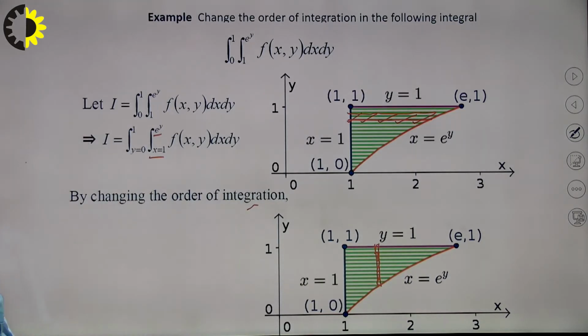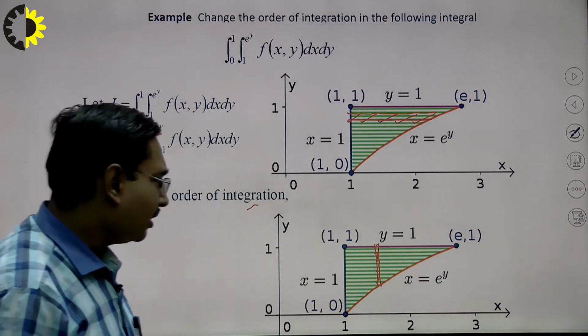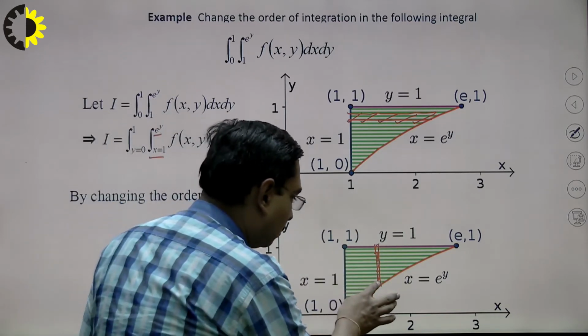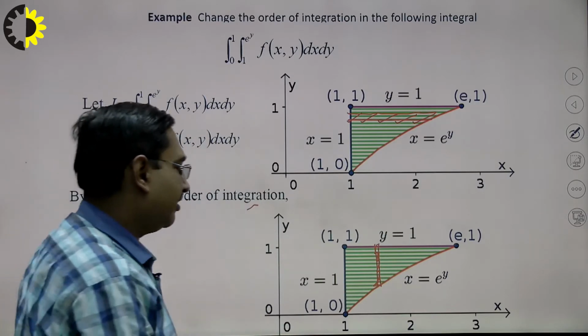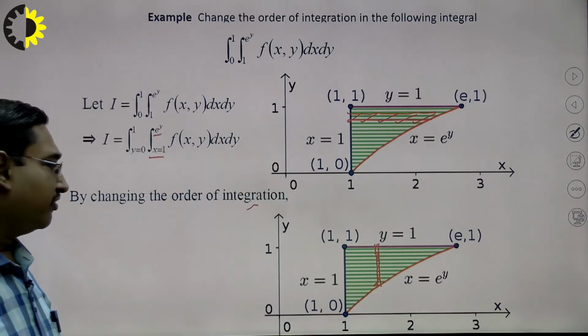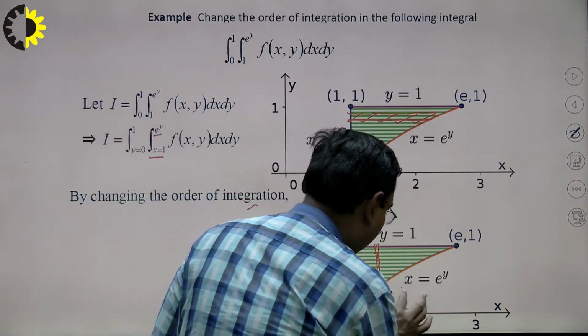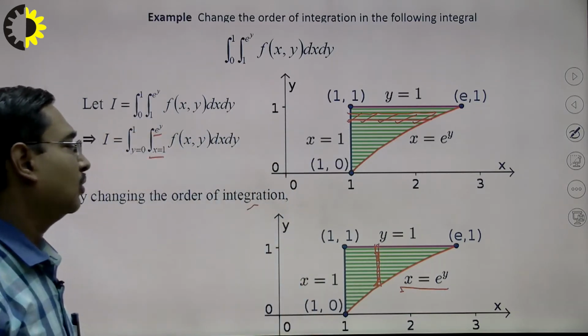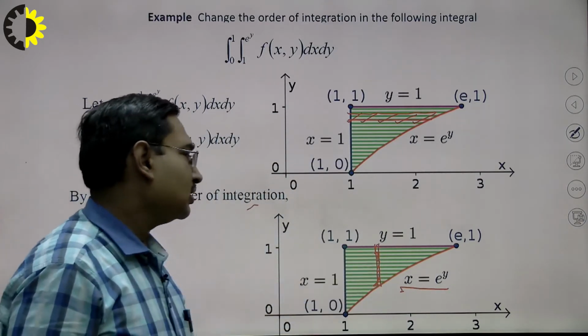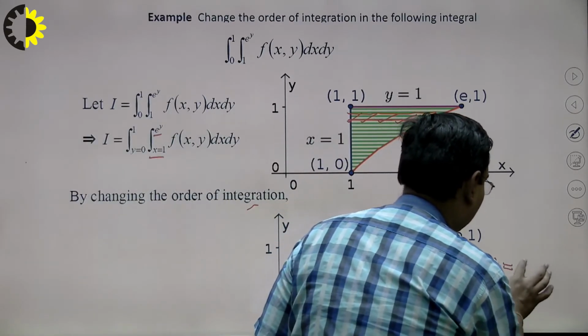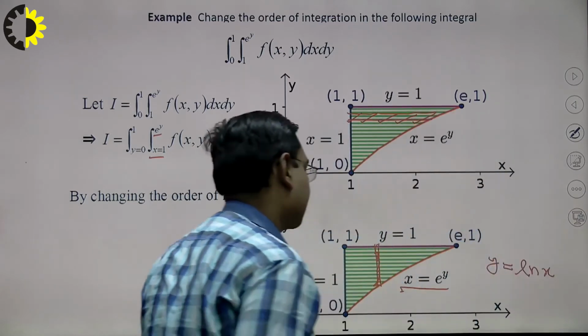By vertical slicing, I will again find limits, and those limits will be applied to this integral. Because the slice is vertical this time, the lowest point of this slice will be used to find the lower limit of y. The lowest point of this slice is touching the boundary of this curve x equal to e raised to the power y. x equal to e raised to the power y will give y equal to ln x.